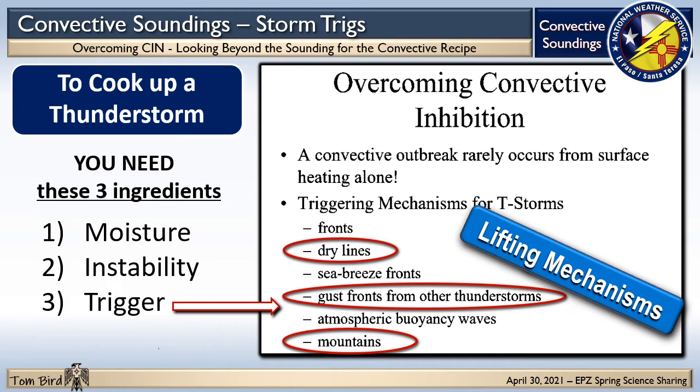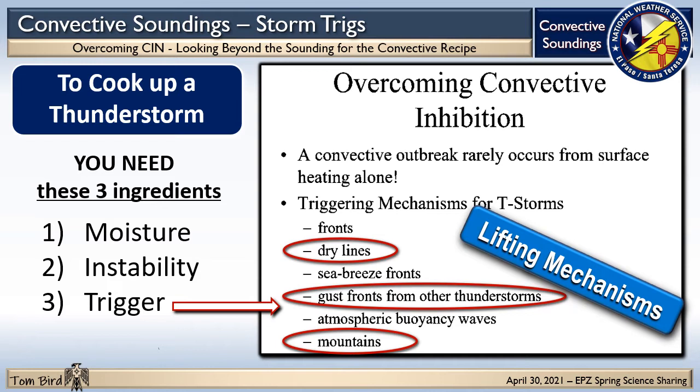For us, this time of year in the spring, it's often the dry line and the convergence along it. Any other kind of front, maybe we get a backdoor late season front that would come in, that would also be a lifting mechanism. Something that we get almost daily in the monsoon season is gust fronts from other thunderstorms, from eroding, dissipating thunderstorms, mainly up in the mountains. They send out the outflow gust fronts, which tend to initiate new convection on them.